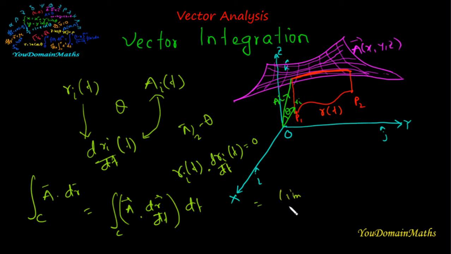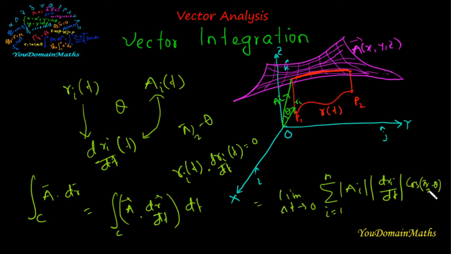The limit as delta t tends to 0 of the summation from i equal to 1 to n of A_i, dr_i by dt, that means d by dt of r_i, cos of pi by 2 minus theta, and delta t.